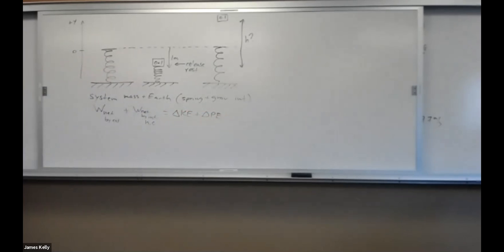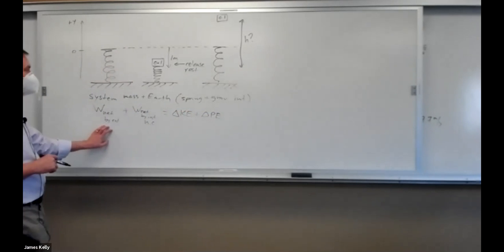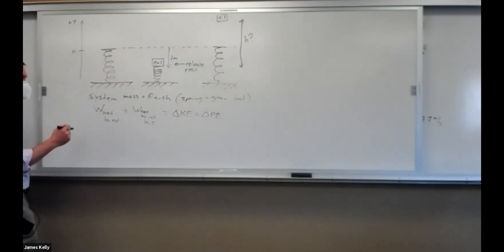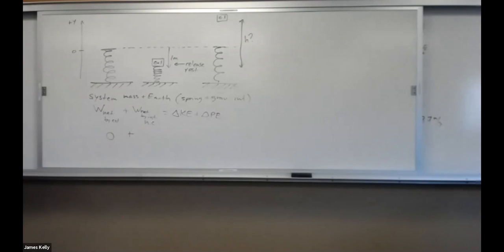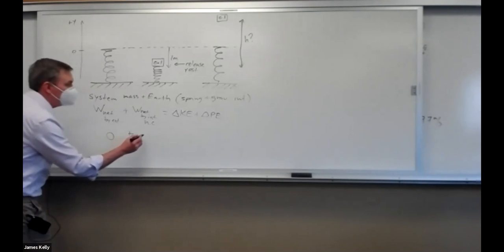And then I just try to expand these things out. For my system, how much work is done by external forces? 0. The only other force that might have worked was air resistance, and I said verbally we're going to ignore that, so that's 0. Both of the internal forces are conservative, so this one's 0 too, right?